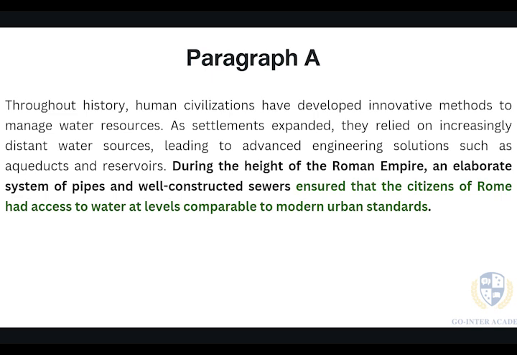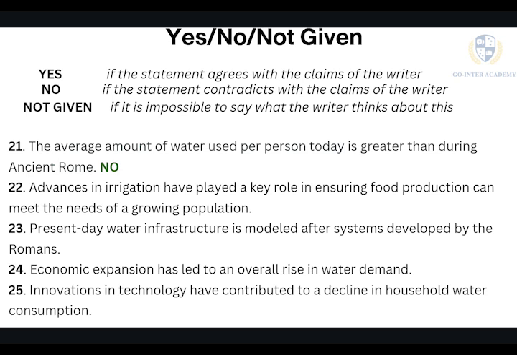So at level comparable to means similar or roughly the same. The question says modern people use more water than Romans, which is not true according to the passage, because the passage says Romans had similar water access to modern people. So our answer to this question is no, because the statement contradicts the information in the passage.